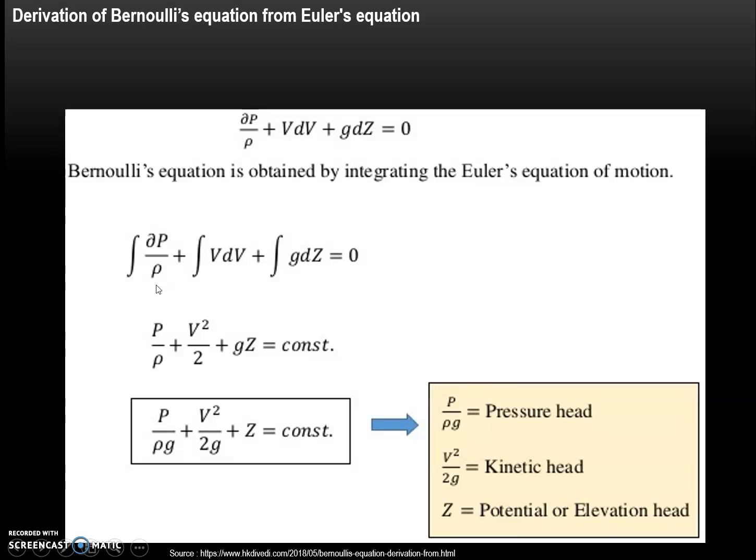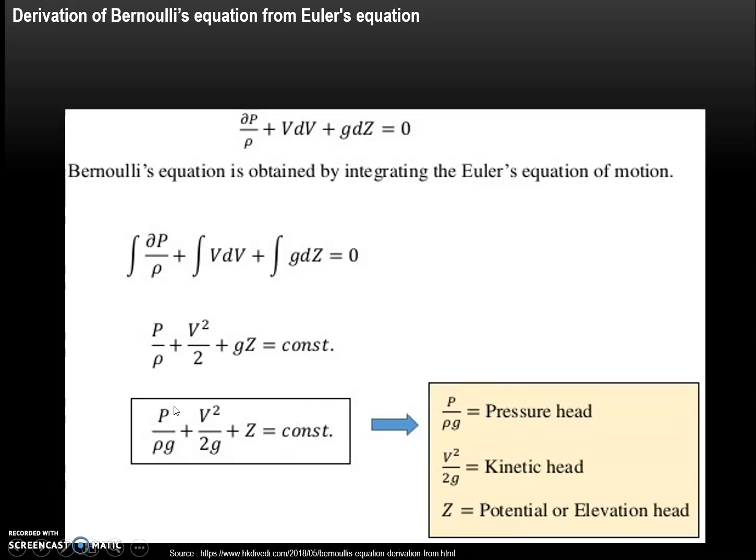When we integrate each of the terms, we get p by rho plus v square by 2 plus g into z equal to constant. Here we have divided this equation by g, so we get p by rho g plus v square by 2g plus z equal to constant.